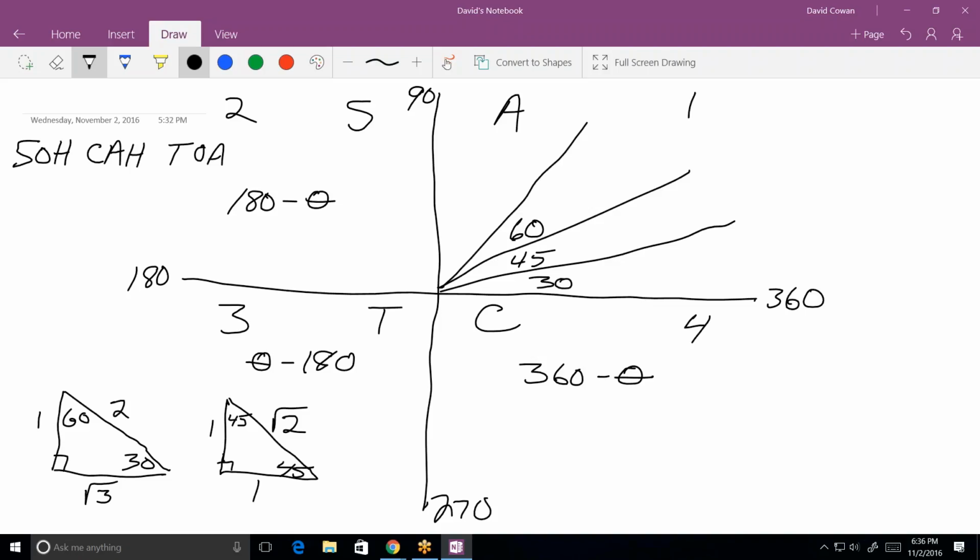The sine of 150 degrees is the same as the sine of 30 degrees, which is 1/2. And it's positive because the S in the second quadrant means that only sine is positive in that quadrant. First quadrant, all trig functions are positive. Third quadrant, only tangent. Fourth quadrant, only cosine, along with their reciprocals.